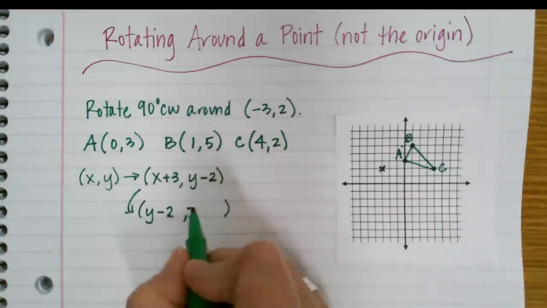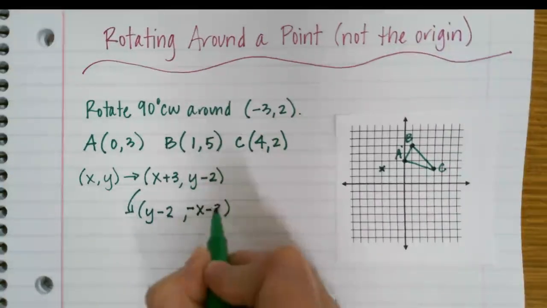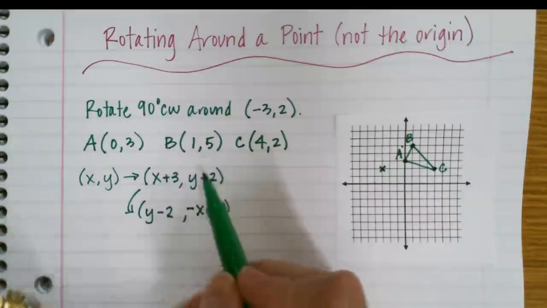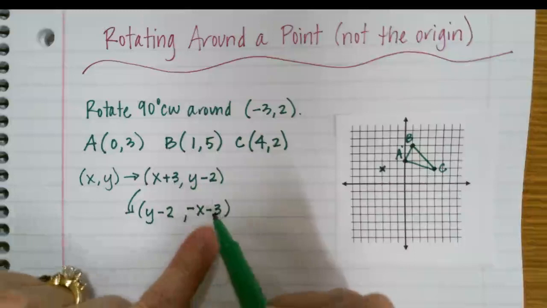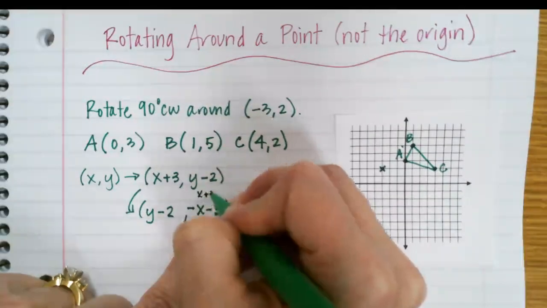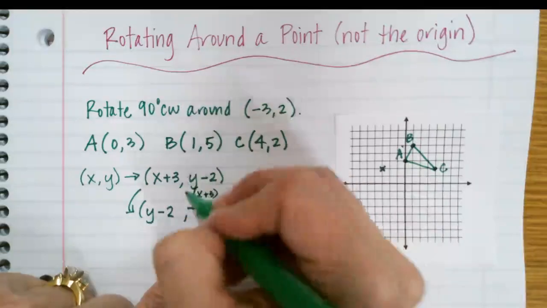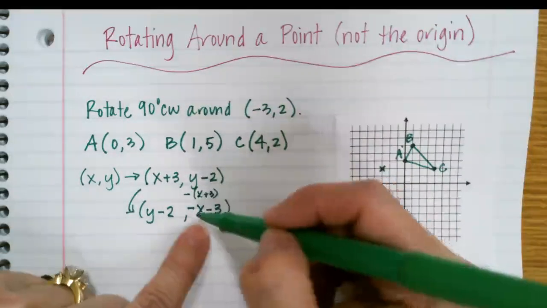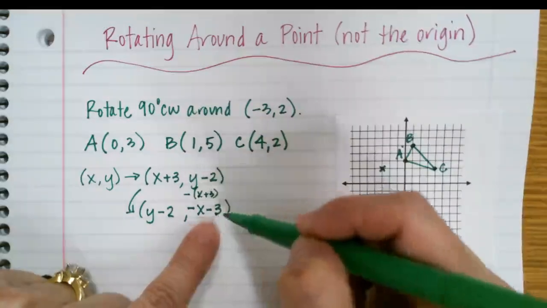So I'm going to end up with -x minus 3. Let's just think about that. I'm going to switch them and then change the sign on the right. So x plus 3 is going to be over here, but now I need to negate that or change its sign, so that's going to give me -x minus 3.